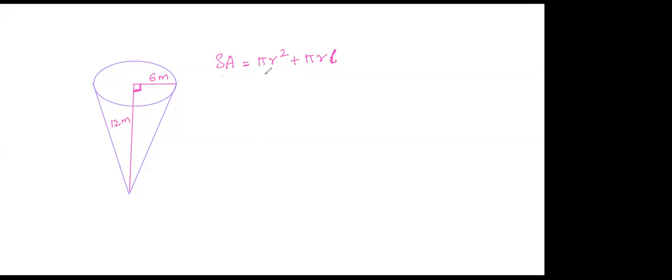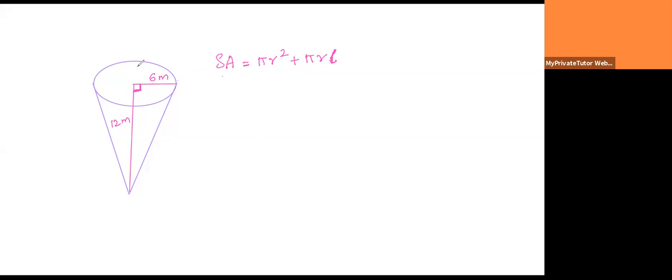Yes. So see the first one, this is the base area. What is the base here? The top one, which is a circle. What is the area of a circle? Pi r square. And this one is circumference times height. So what is circumference? 2 pi r is the circumference.